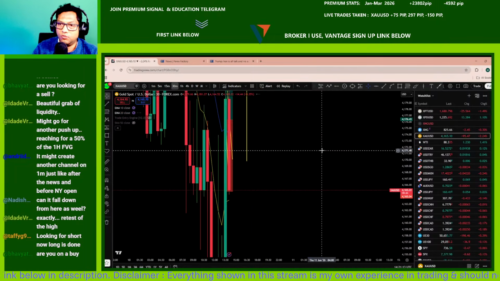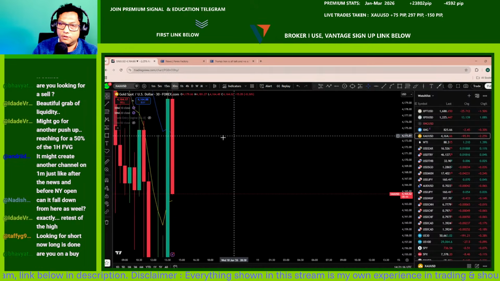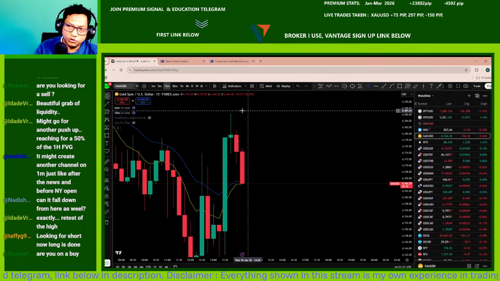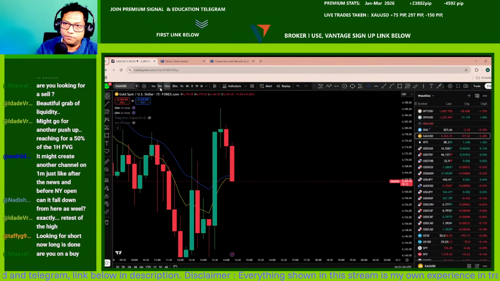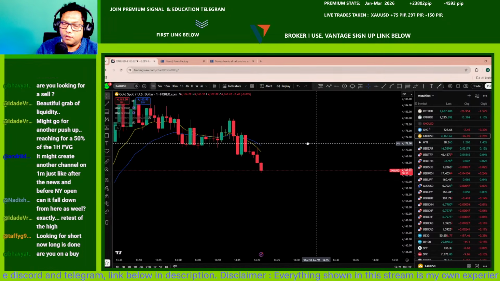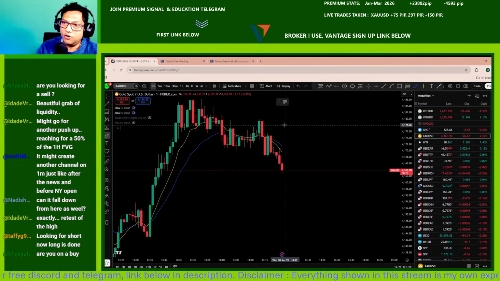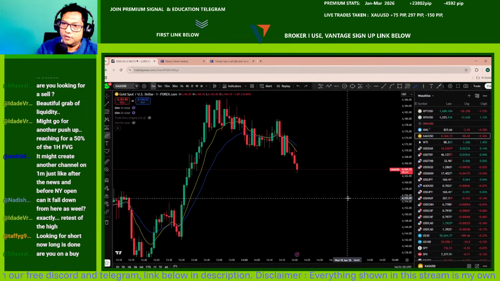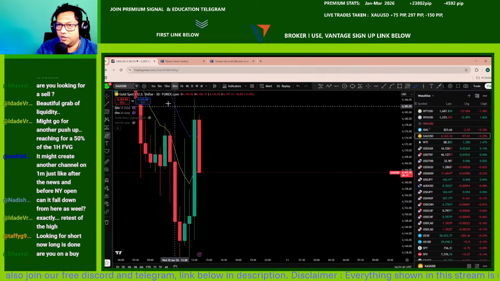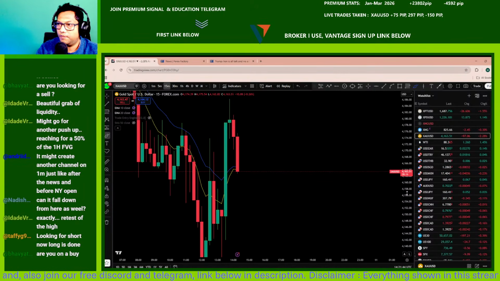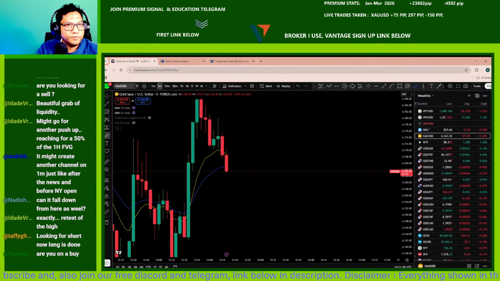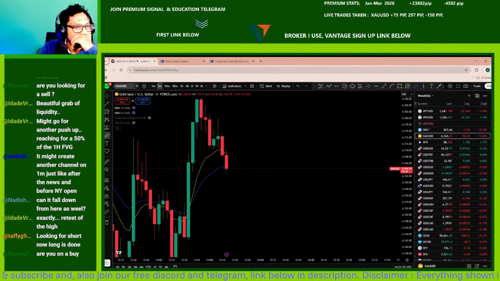Now let's see what kind of market this one is. This is potentially now a break of structure. It has created a false breakout here in that area, and therefore the market might continue to trend back in the major direction here, that you can see.